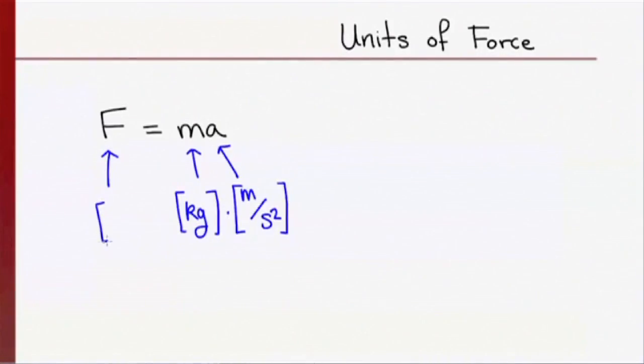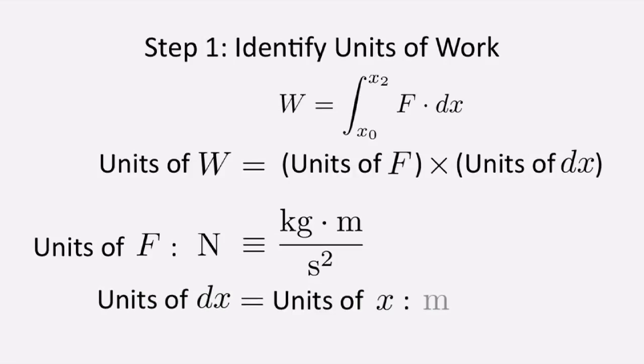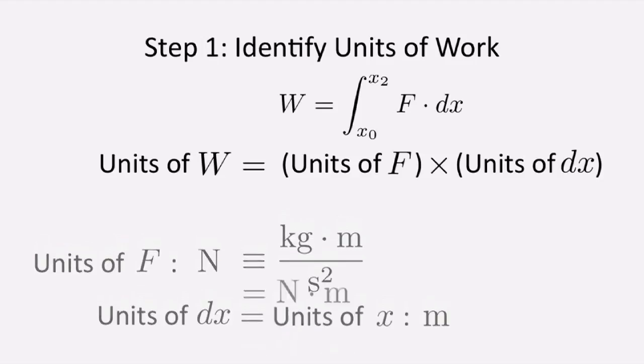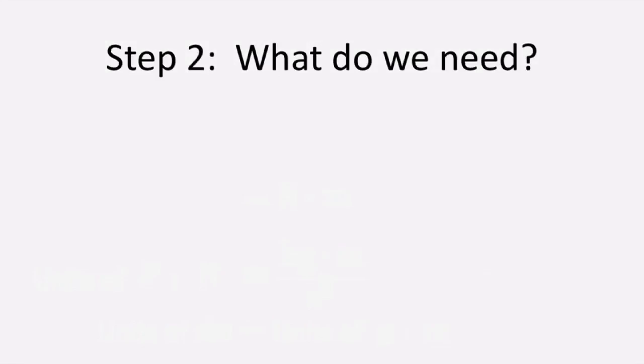Likewise, the unit of force, also known as the Newton, is equivalently written as kilogram meters per second squared. Recall that the units of dx are the units of x, which are meters. Thus, the unit of work is a Newton meter. So now we know what units our answer needs to be in.